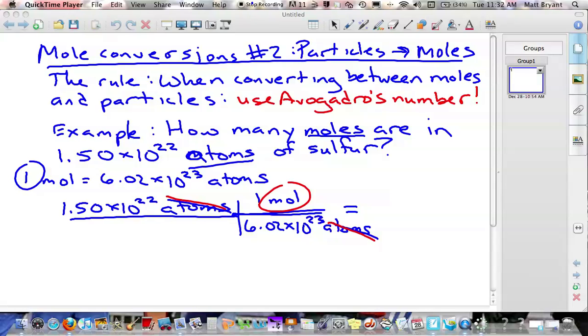And when we crunch the numbers and we round to the proper number of sig figs, which in this case is 3, we'll end up with 0.0249 moles of sulfur.